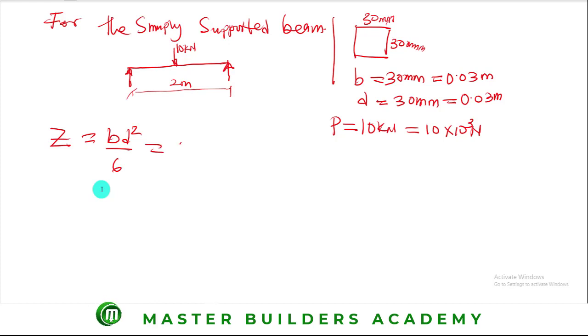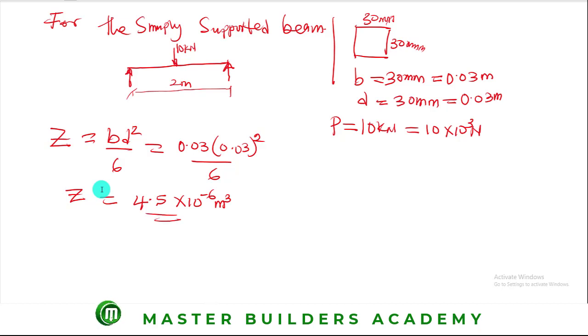Then we have B to be 0.03 multiplied by 0.03 raised to the power of 2 all over 6. When we solve this, we find out that Z is equal to 4.5 times 10 raised to the power of negative 6 meter raised to the power of 3. So we have obtained the value of Z.